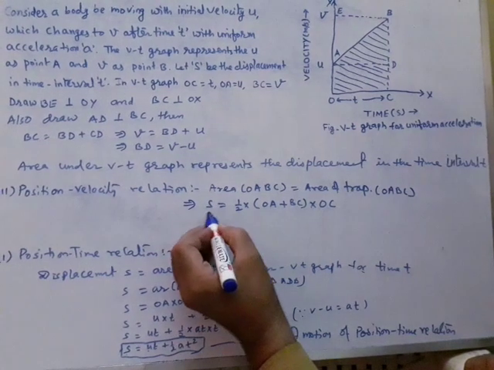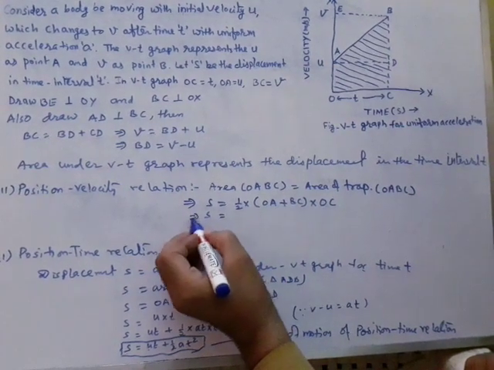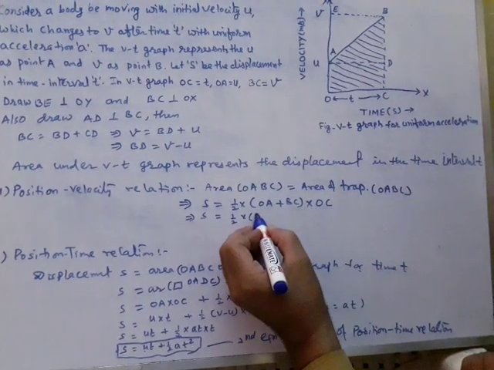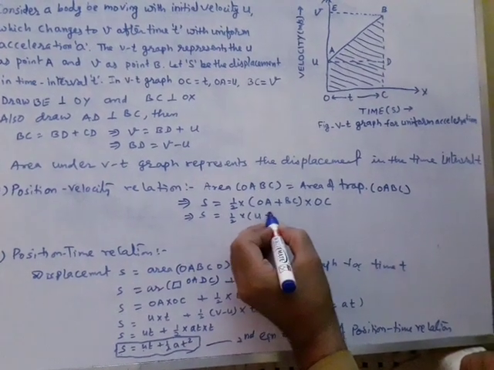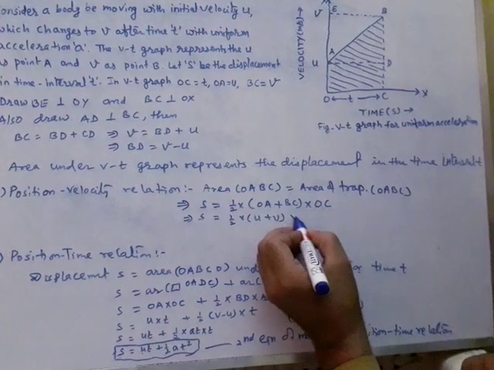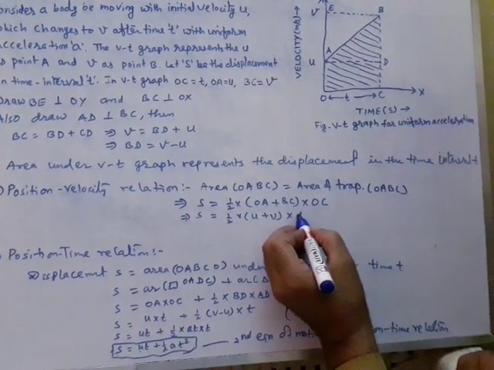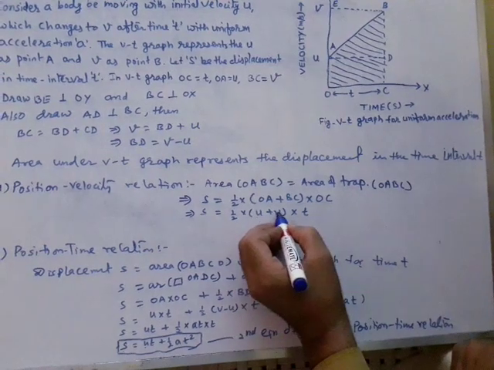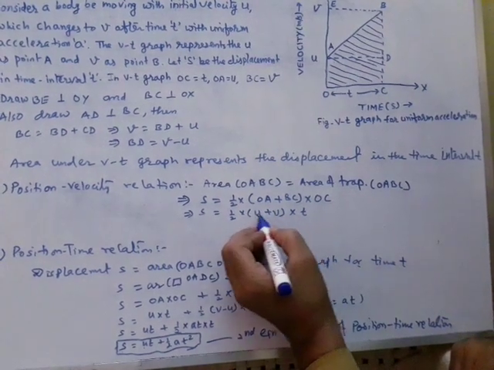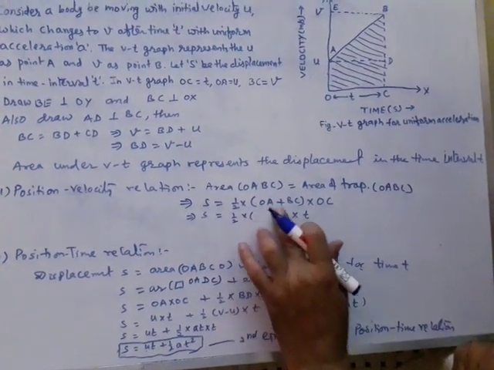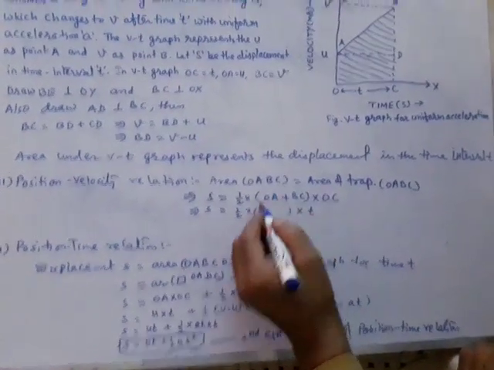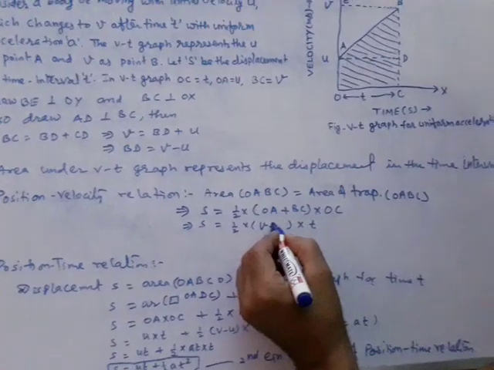So S is equal to half into OA, U plus V, into the time interval T. We can write here V plus U, or U plus V, the same thing.